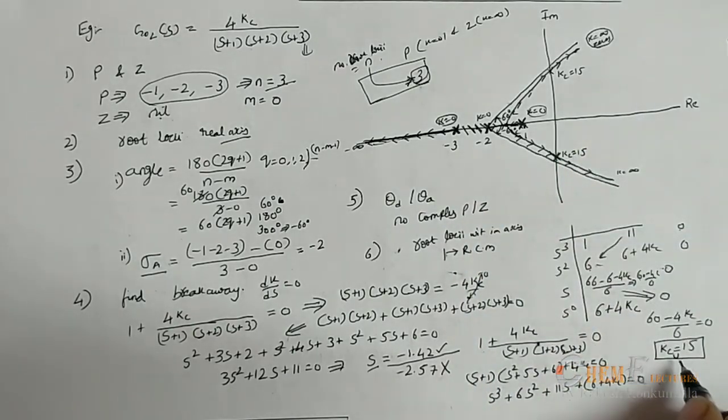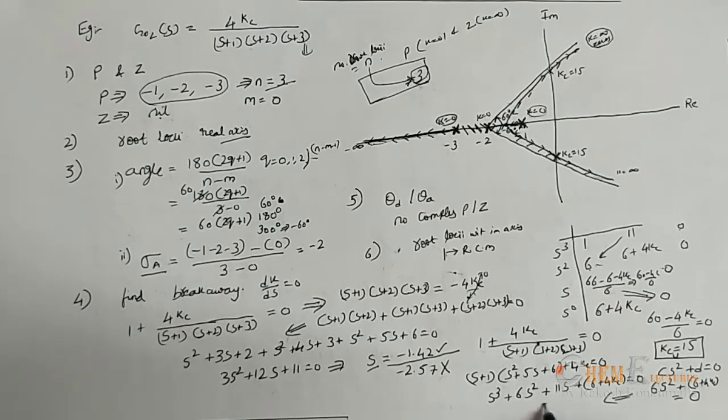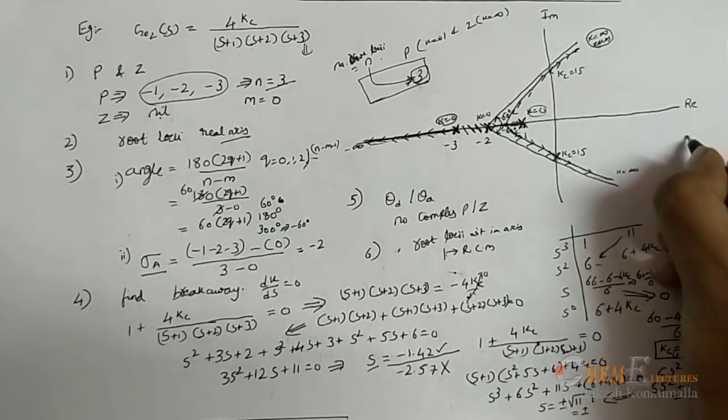Now for kc equal to 15, substituting it into the auxiliary equation 6s squared plus 6 plus 4kc is equal to 0, to find the roots. From this you can find the value of s, that is plus or minus root of 11 i, that means plus or minus 3.316i.